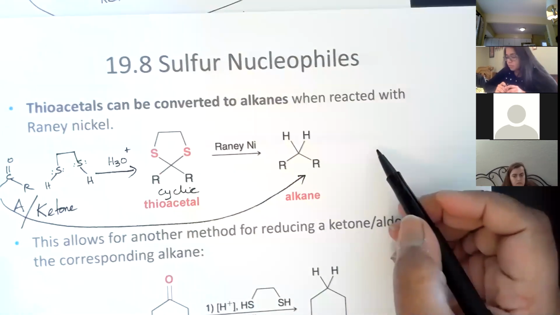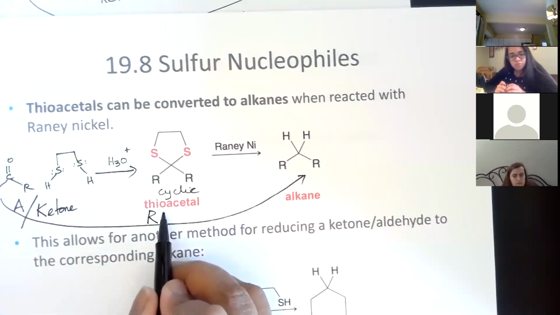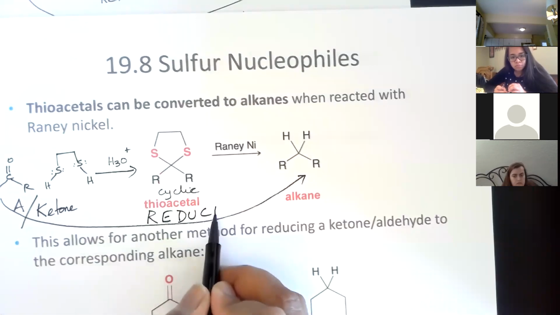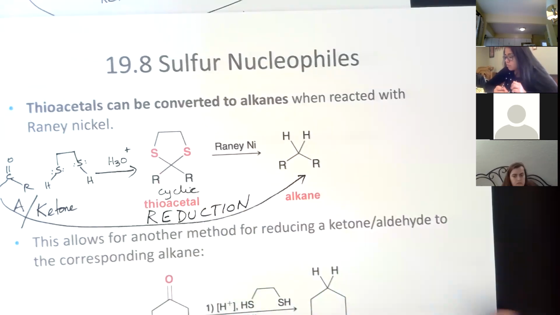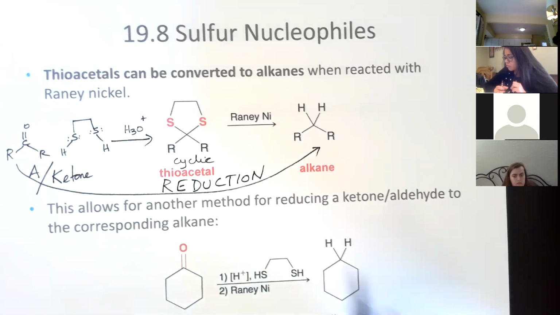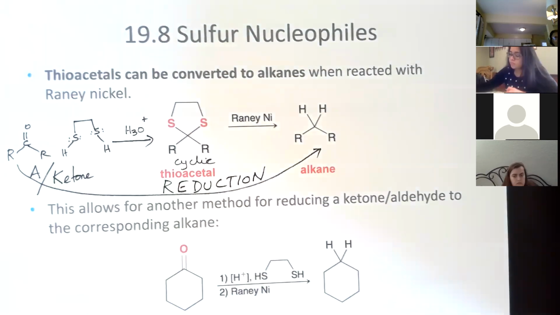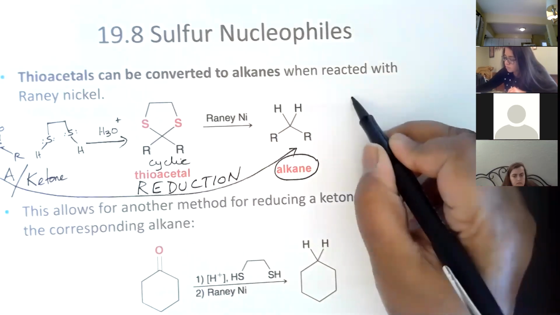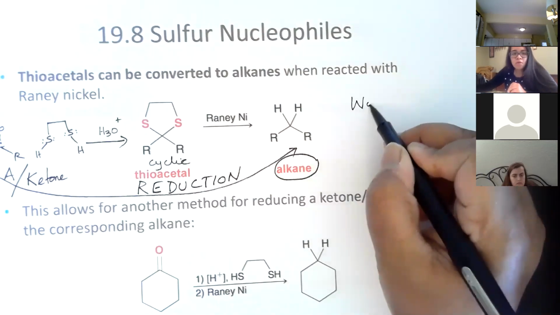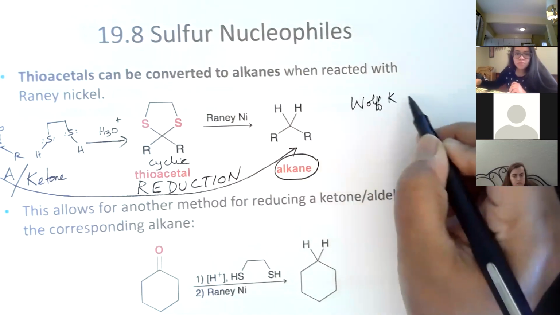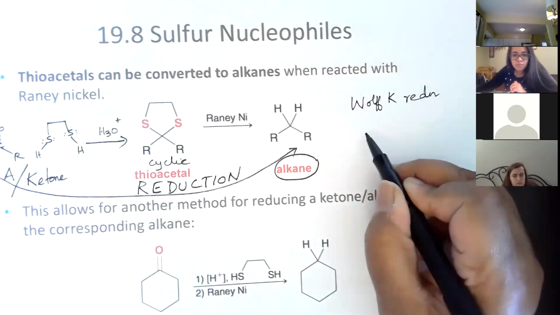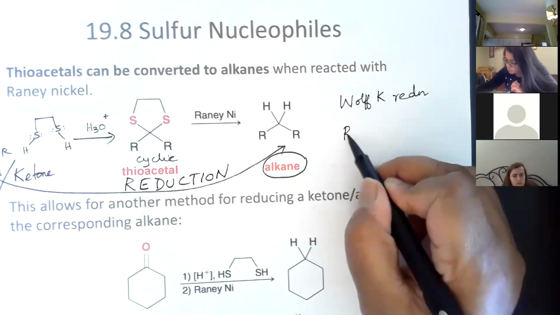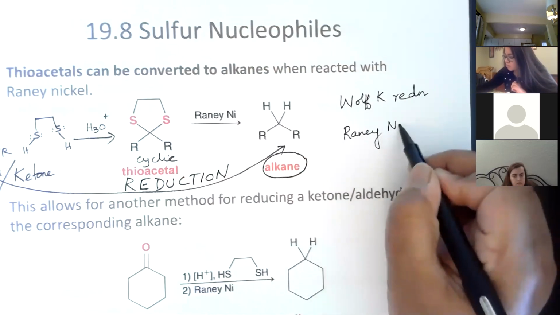and you can reduce it. Ultimately, it's a reduction. And here they use a special type of nickel. It's a catalyst. And you get an alkane. So you have the Wolff-Kishner reduction, and then you have this, we'll call it the Raney nickel reduction.